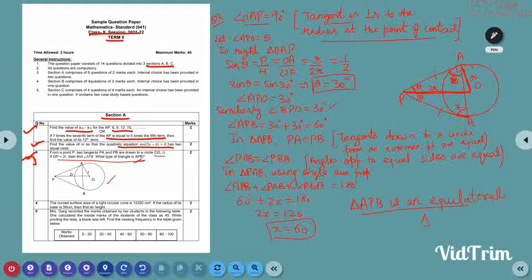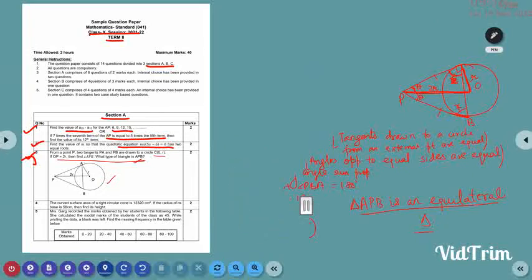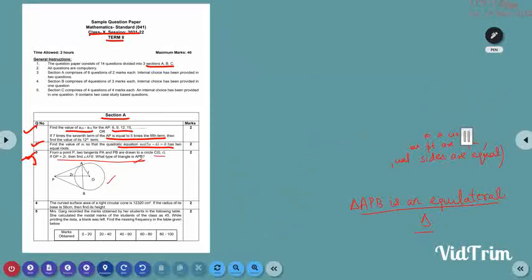Now, next question number 4. The curved surface area of a right circular cone is 12320 centimeter square. If the radius of its base is 56 centimeter, then find its height. So CSA of cone is given, and we know the formula for CSA of cone, that is pi RL.